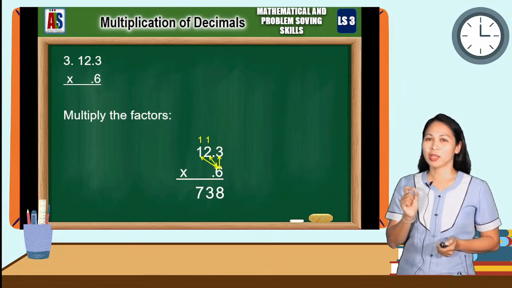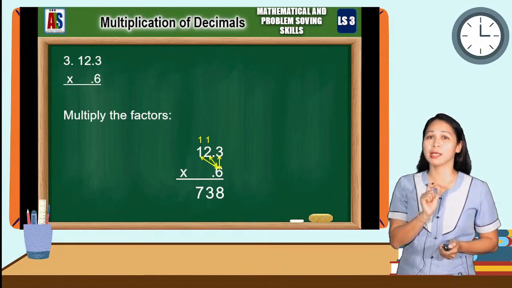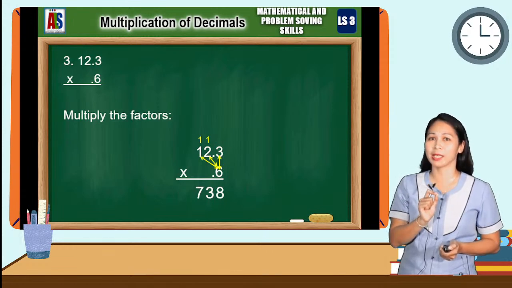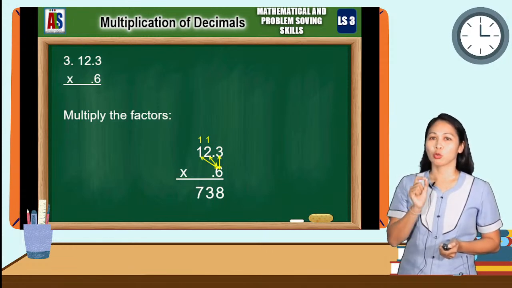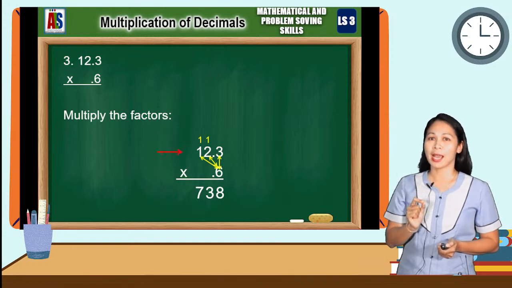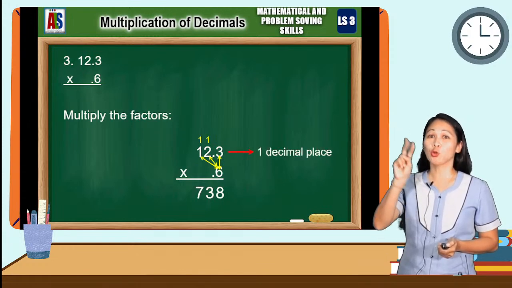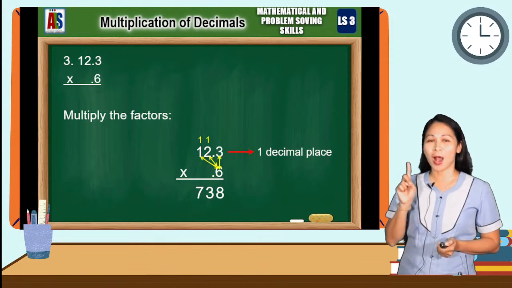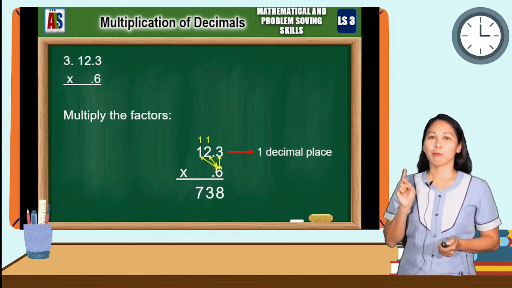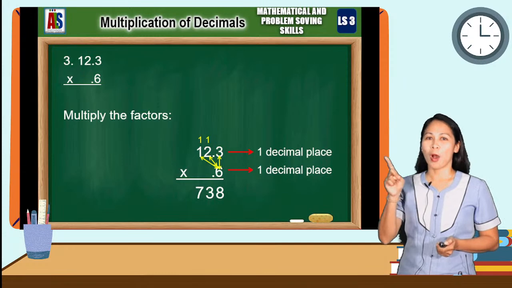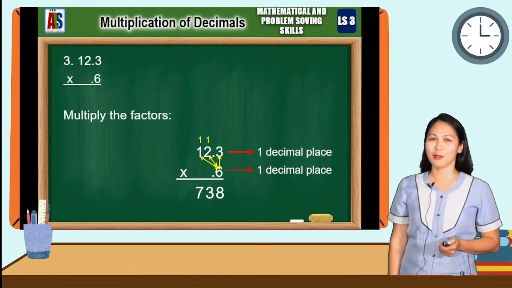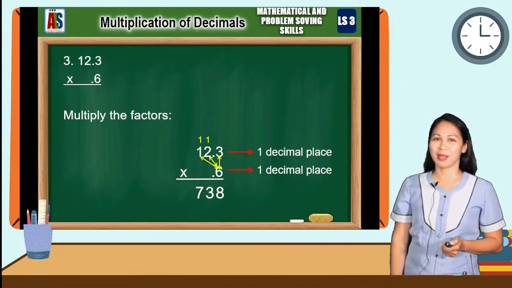After computing the final product, we will put the decimal point by counting the total number of the decimal places of the factors. So, 12.3 has 1 decimal place, and 0.6 has 1 decimal place, a total of 2 decimal places.